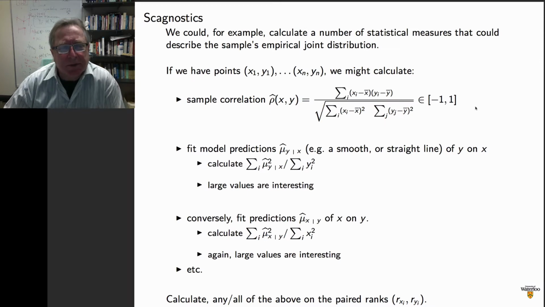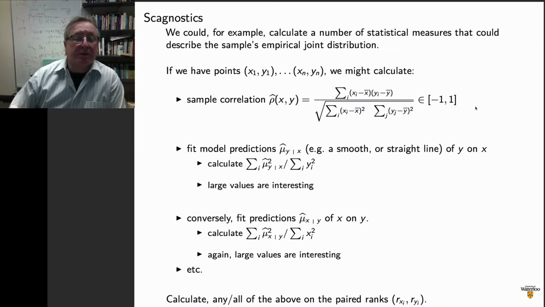So here are some examples. We saw things like correlation, so we might be interested in whether there is that kind of straight line relationship. Looking at a sample correlation, that's easy enough to calculate over all pairs xi, yi for all pairs of variates.